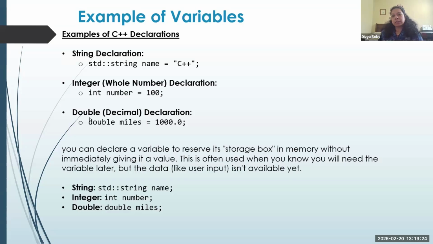And double we use to store numbers which have decimal points. So you declare double miles equal to 1000, and 1000.0 is going to be stored in a space called miles. You can declare a variable in any place inside the program, but it has to be declared before you use it. Before you store a value, it has to be declared.